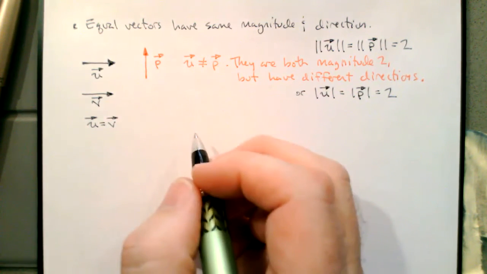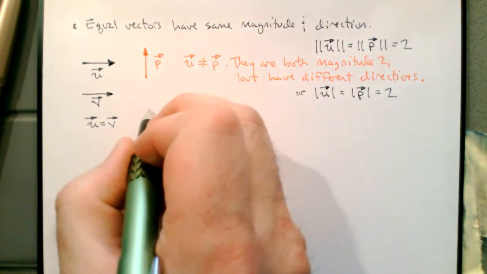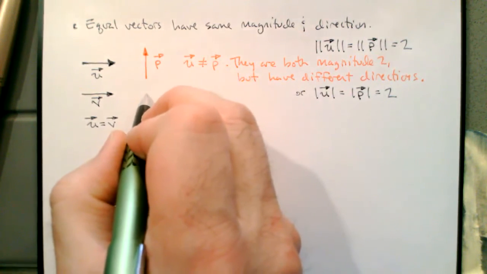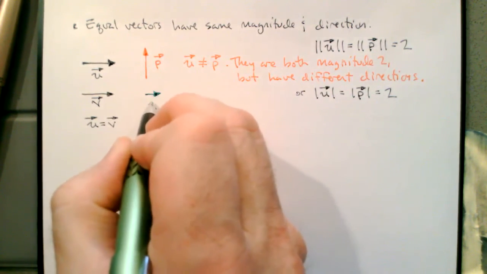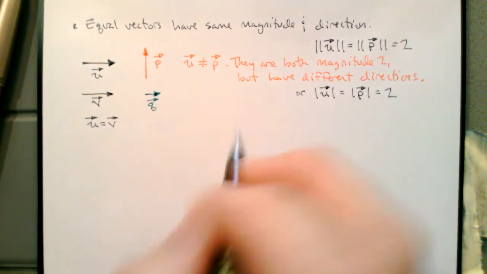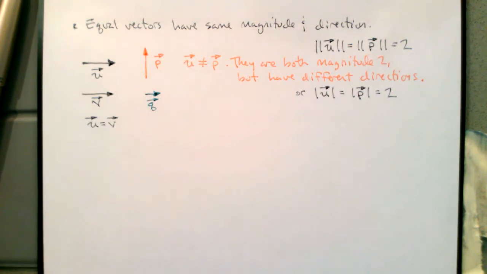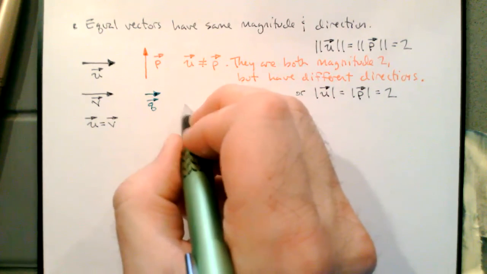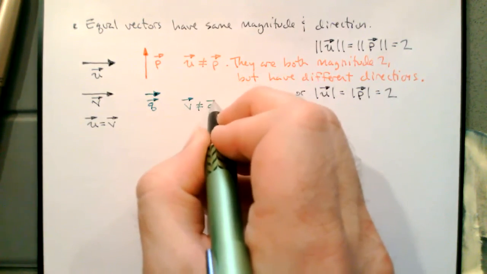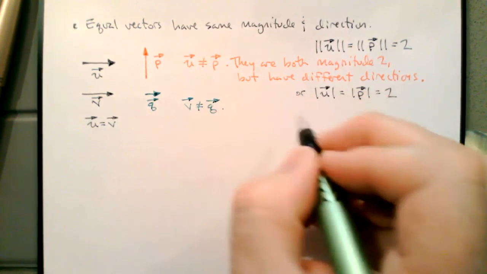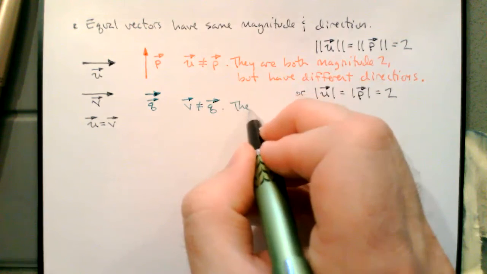So if I draw another vector over here, let's say q, notice that v and q are going in the same direction, and also u and q are going in the same direction, but they are not equal. So v is not equal to q. They have the same direction, but different magnitudes.